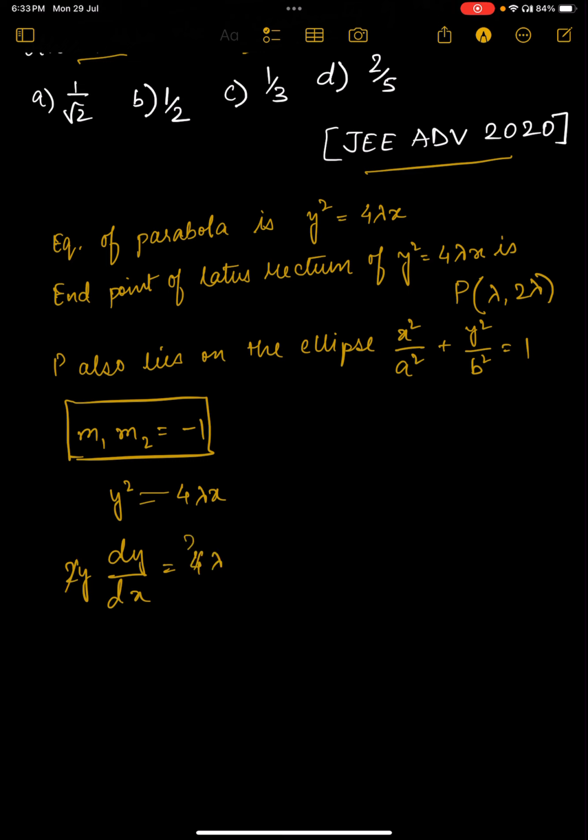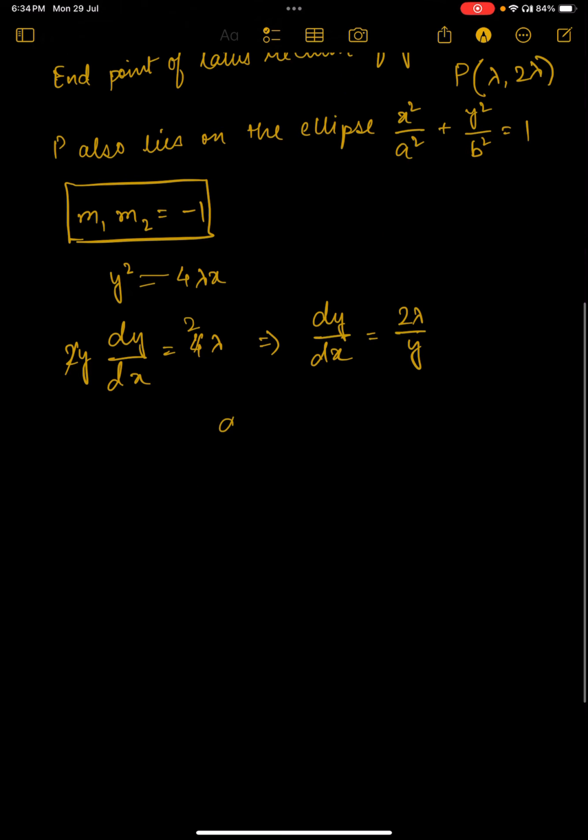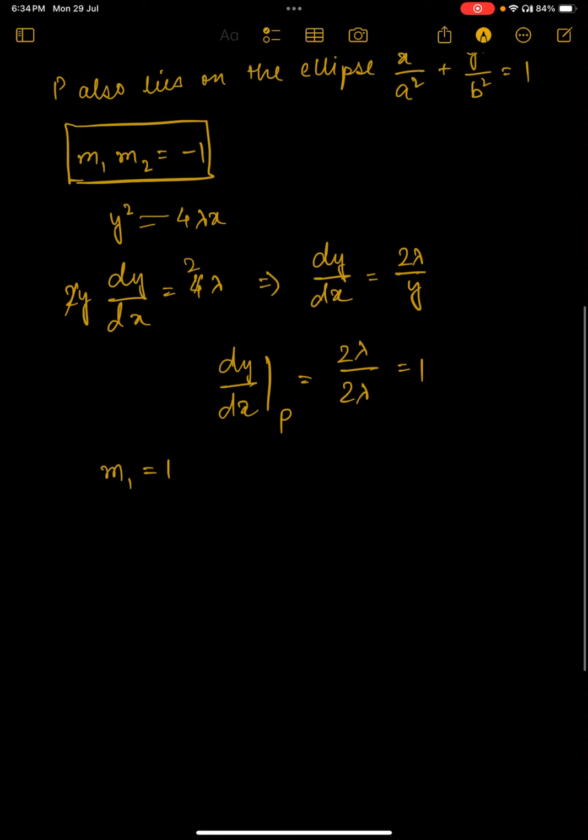This 2 cuts, so I have dy/dx is equal to 2 lambda by y. Now I have to find the slope at the point P. So dy/dx at point P is equal to 2 lambda by 2 lambda, which is equal to 1. So let me say that the slope of the tangent to the parabola be m1, and we just found it to be 1.